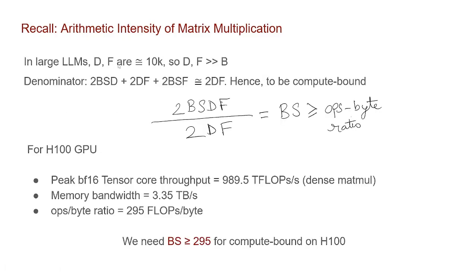Now, in LLMs, D and F, where D is the embedding dimension and F is what's called the hidden dimension of the MLP, are usually quite large. So we can assume that D and F are much greater than the batch size of a particular batch of samples going for inference.